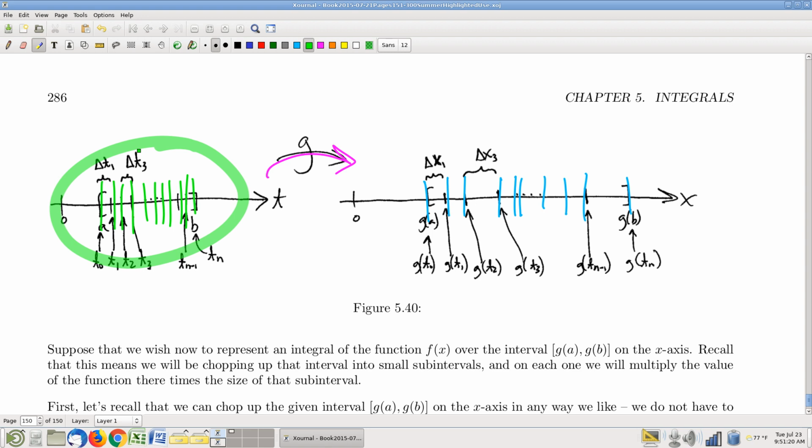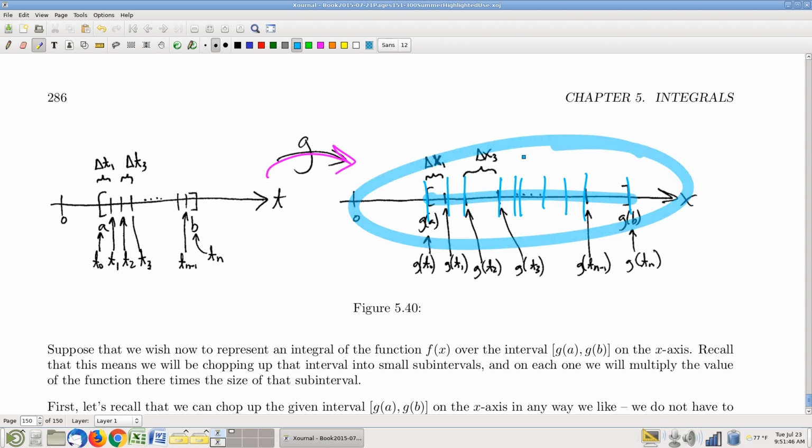If you're interested in computing some amount of mass or something that's on that axis, chop it up, add it up, does not really hinge on those pieces being the same size. The total mass is still the total mass, right? So I'm going to make the observation that if I were to use this new slicing over here as the way to slice up this interval on the x-axis, I could think of that as resulting in a Riemann sum. I could think of that as a way to compute an integral on the x-axis. Okay.